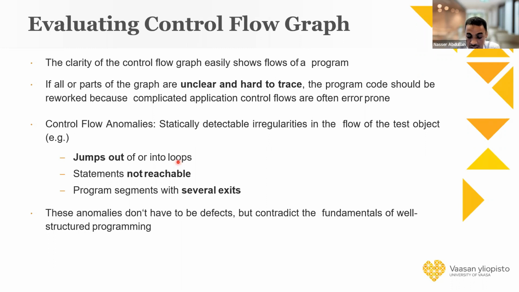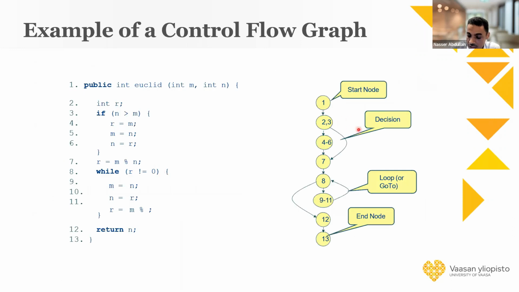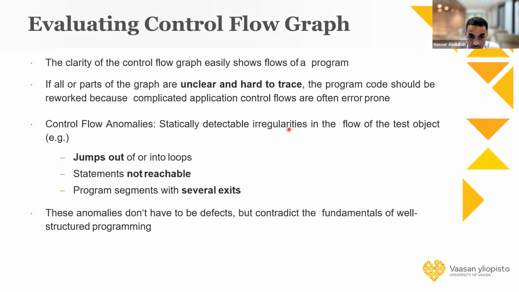And if some sentence is not reachable, for example, you go to statement 4 but it is not used, this can also be detected by this graph. A program segment with several exits may also cause defects, so these anomalies can be detected by this graph.